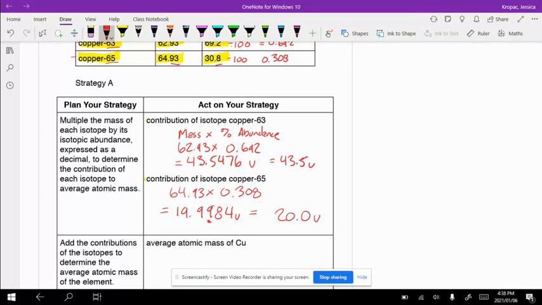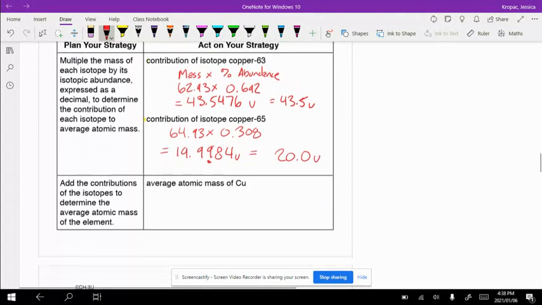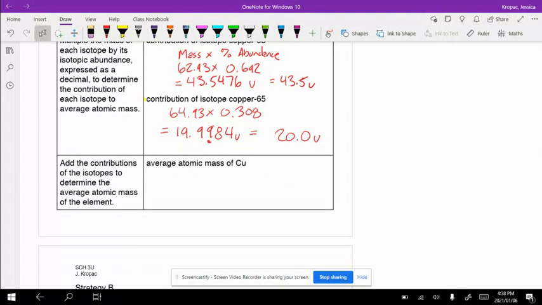And then, of course, to figure out the mass of the individual components, we would have to add these together. We're going to take the mass of copper 63, and we're going to add to it the mass of copper 65. We want to take those two contributions and add them together.